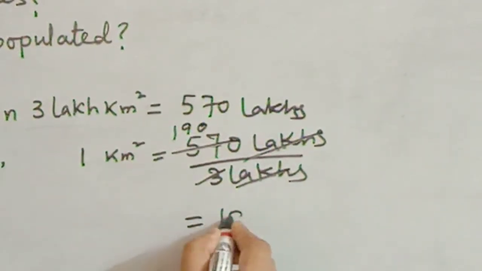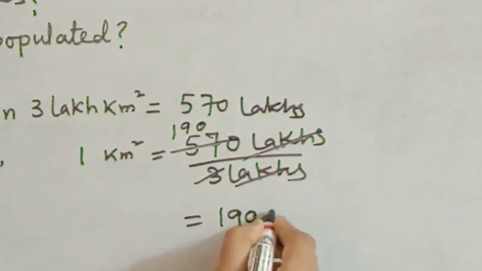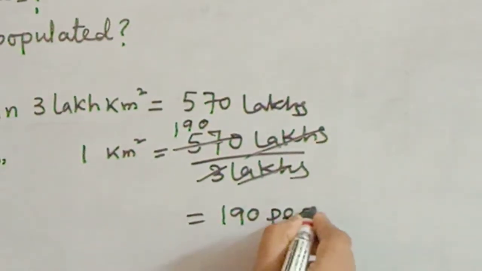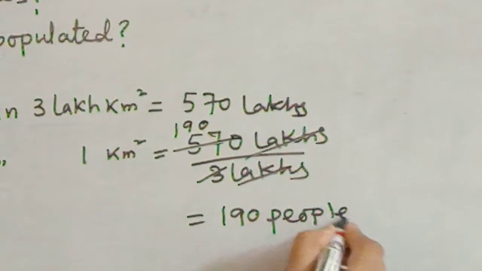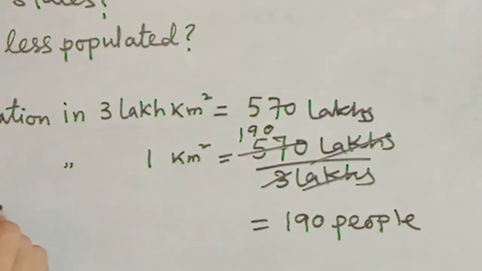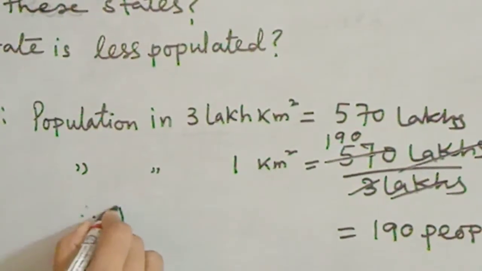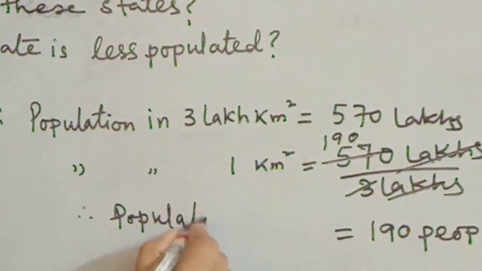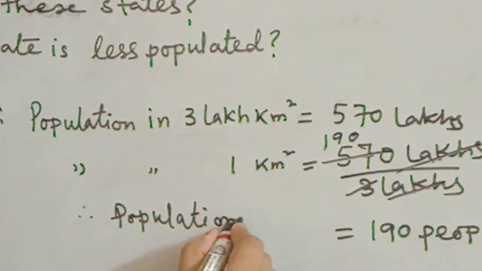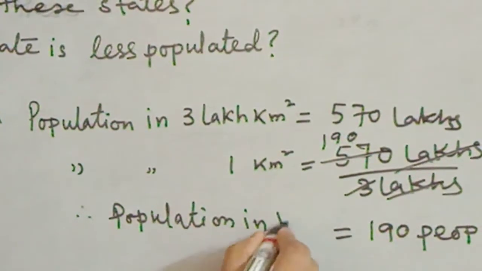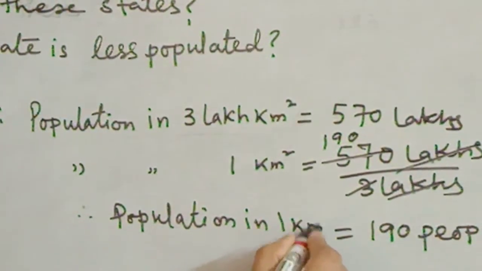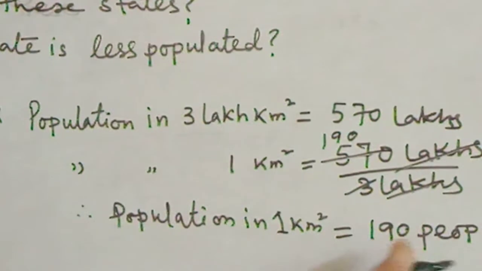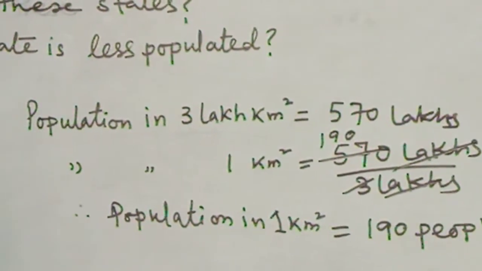So the population in 1 kilometer square, that means per kilometer square, is 190 people for Rajasthan.